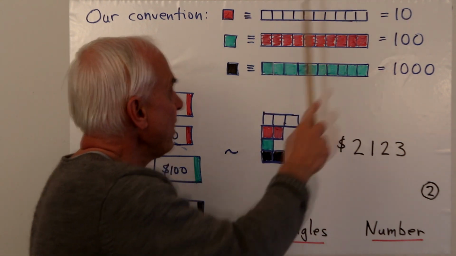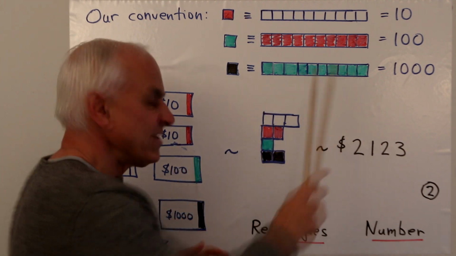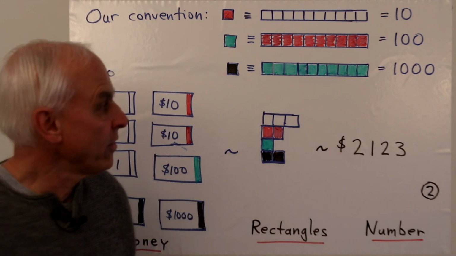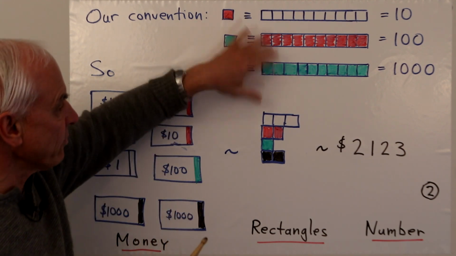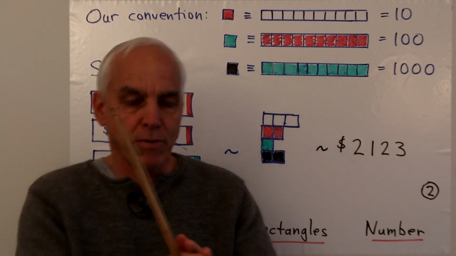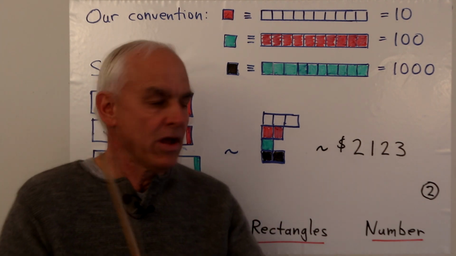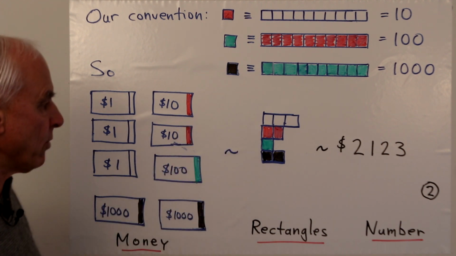So the green one represents 100, and a black one represents a strip of 10 green squares, which is then 1,000. Okay, so we can use these rectangles of different colors to then concisely represent numbers as row rectangles, but perhaps sort of stacked on top of each other to make it easier to read what's going on.